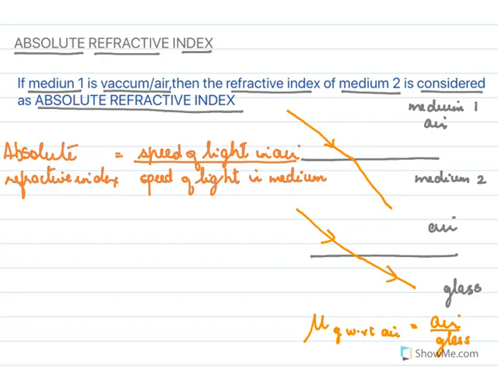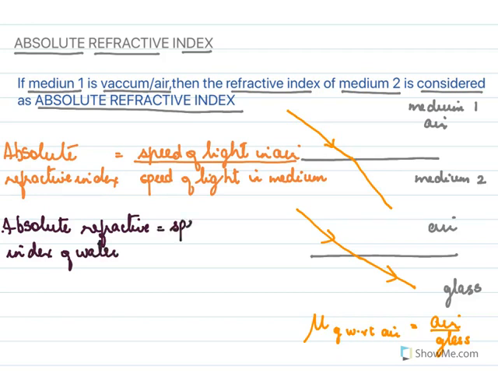Let's take up an example. For example, we want to find the absolute refractive index of water. It means speed in air over speed in water.